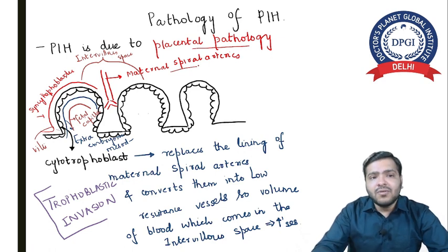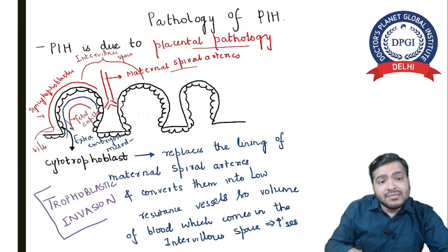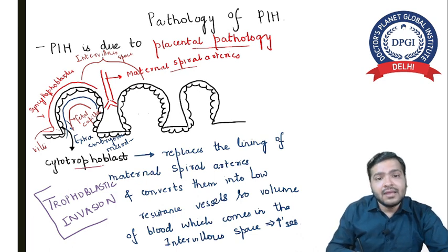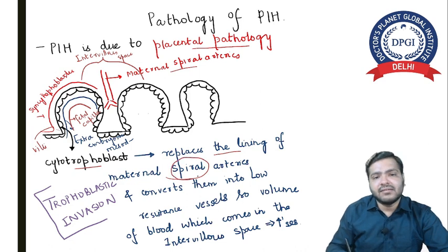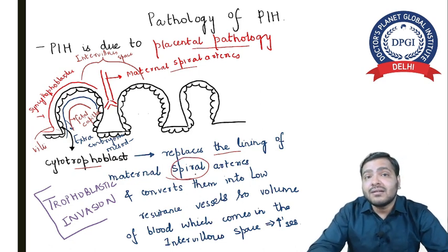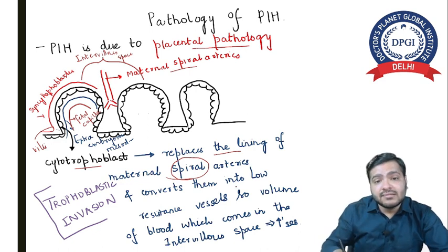Now what happens, the cytotrophoblast replaces the lining of the maternal spiral arteries. What is the function of the cytotrophoblast here? It tries to replace the lining of the maternal spiral arteries, and what is the actual need of that? It converts them into low resistance vessels.